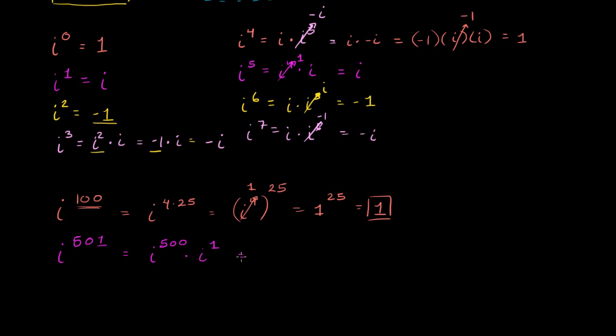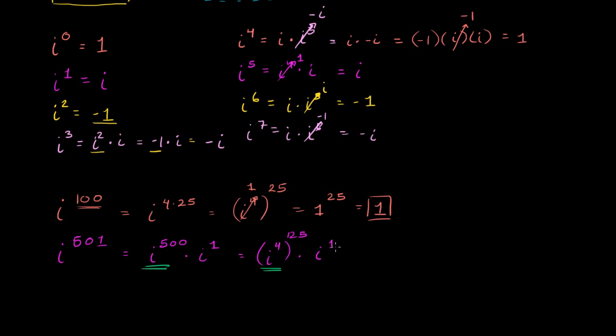And we know that i to the 500th power is the same thing as i to the 4th power to the, 4 times what? 4 times 125 is 500. So i to the 500th is the same thing as i to the 4th to the 125th power, and then that times i to the 1st power.